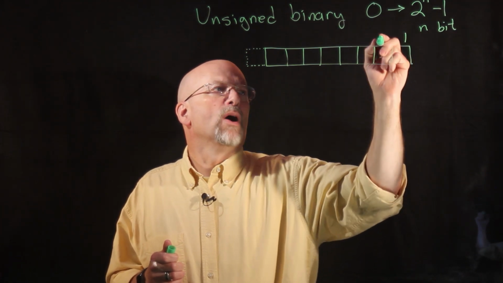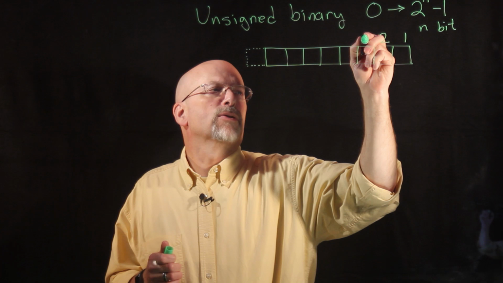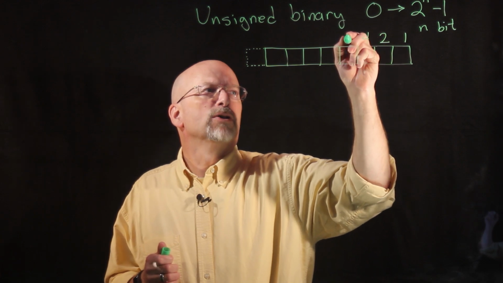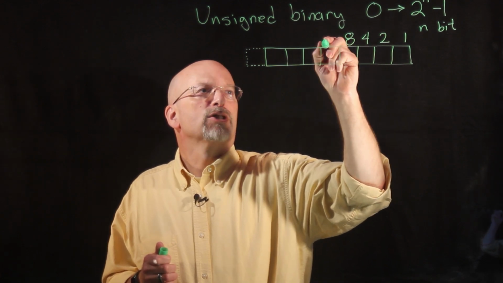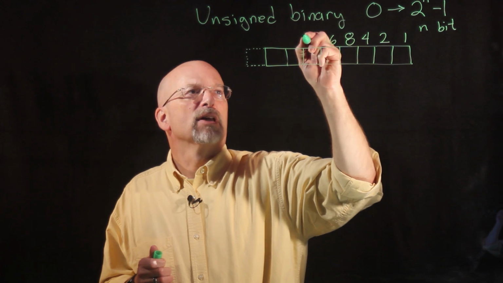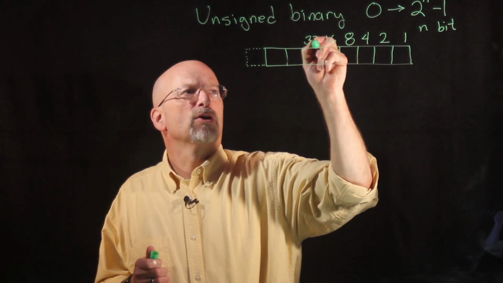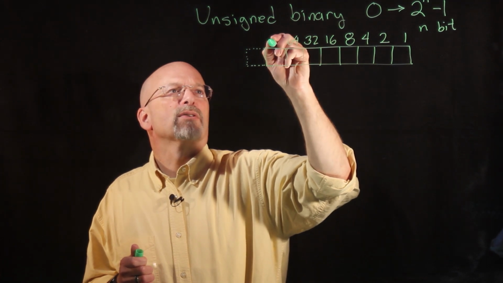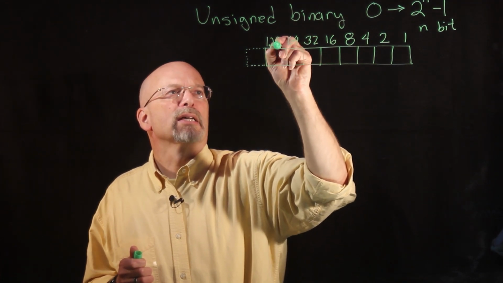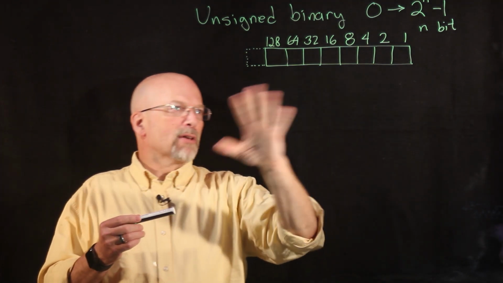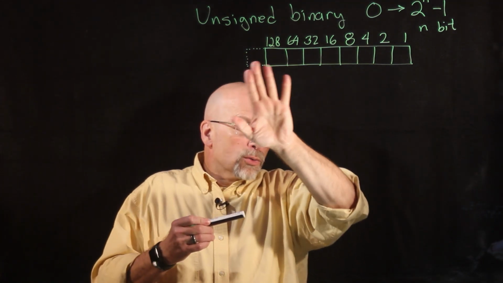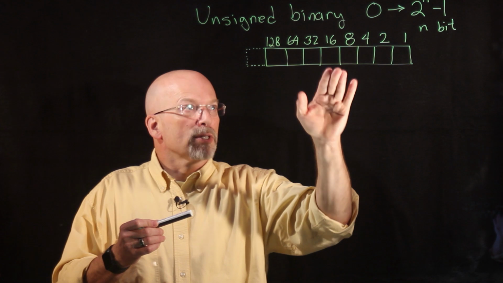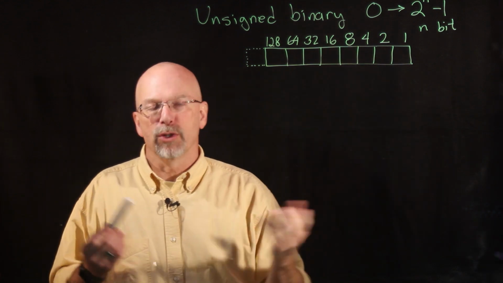Then we have 2 to the 1, 2, 2 to the 2, 4, 2 to the 3, 8, 2 to the 4, 16, 2 to the 5, 32, 2 to the 6th, which is 64, and 2 to the 7th, which is 128. So we can represent values up to 128 plus 64 plus 32 plus 16 plus 8 plus 4 plus 2 plus 1, or 255.